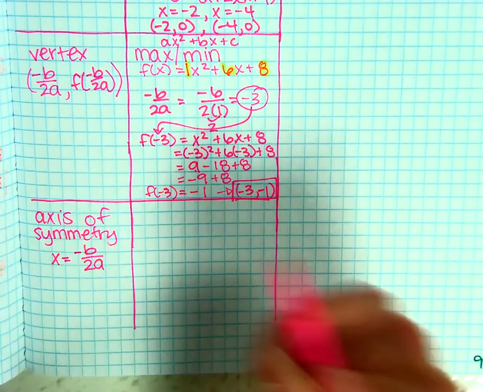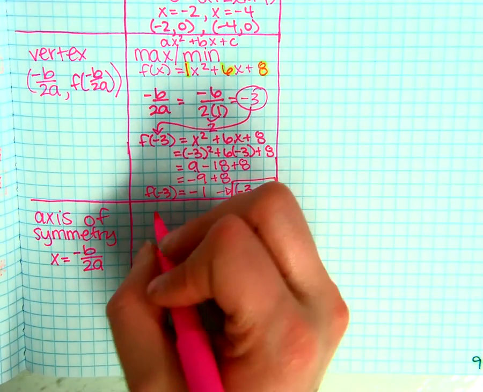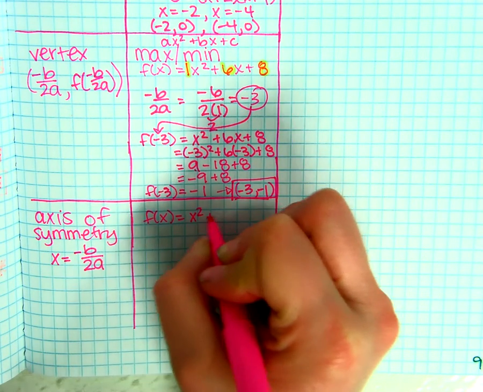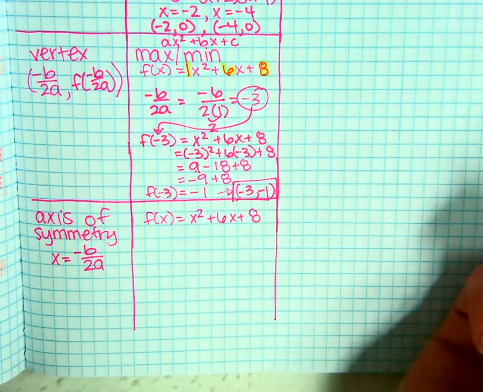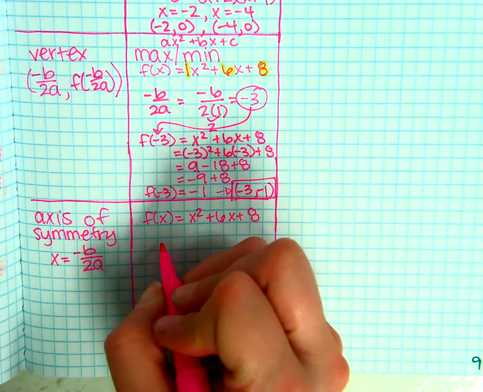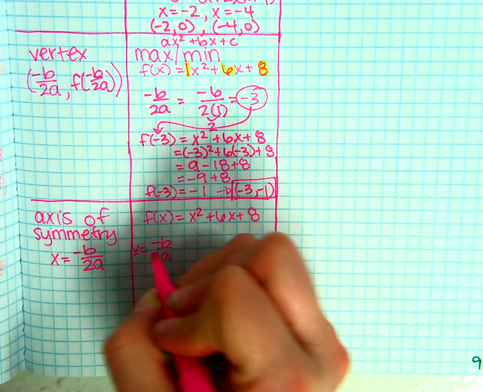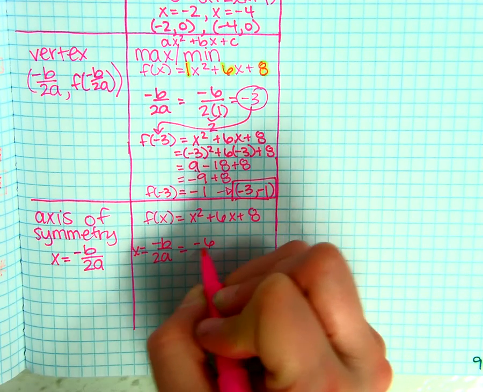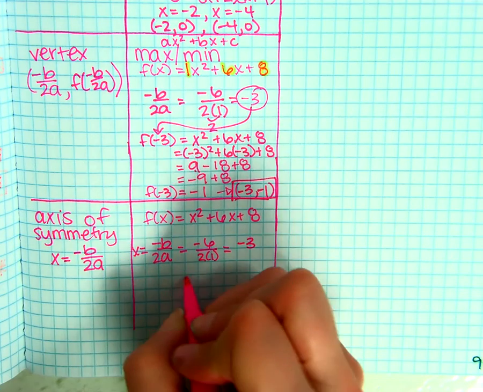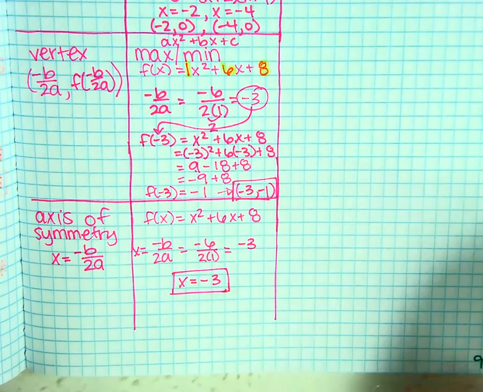It goes right through the vertex. So for this particular example, if f of x is still x squared plus 6x plus 8, then my axis of symmetry would just be negative b over 2a, which we said is negative 6 over 2 times 1. So we get negative 3. So my axis of symmetry is a line that goes through x equals negative 3.